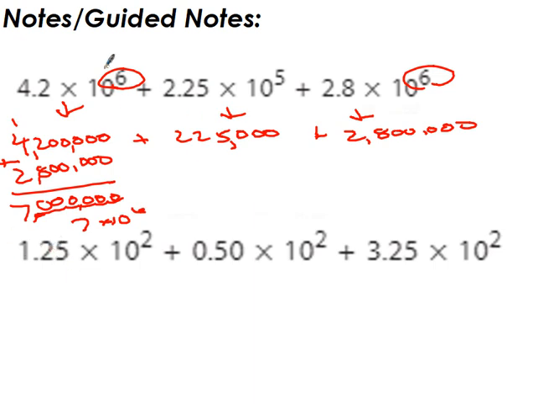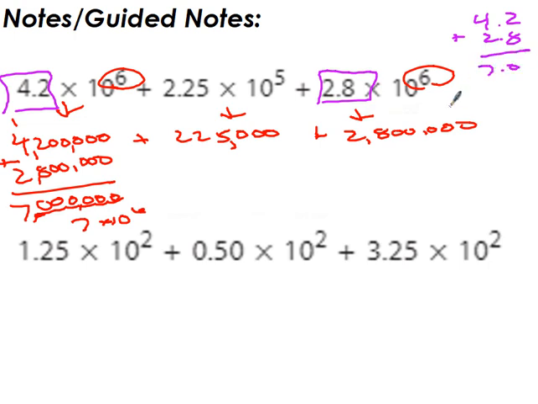So when the exponent's the same, instead of going into standard notation and adding them, I can just add the numbers in the front. I could have done 4.2 plus 2.8 is 7.0, and then I would have kept my exponent, times 10 to the 6th power.